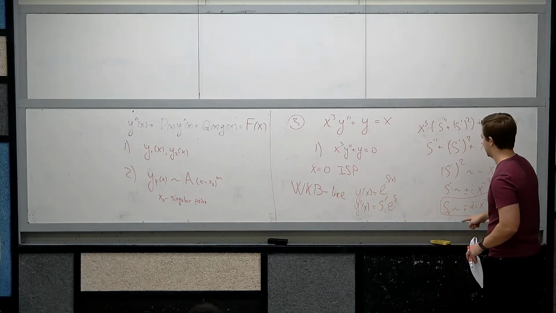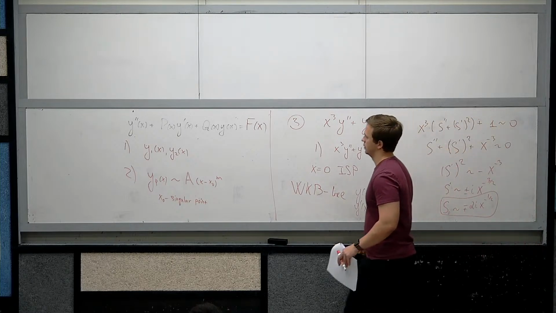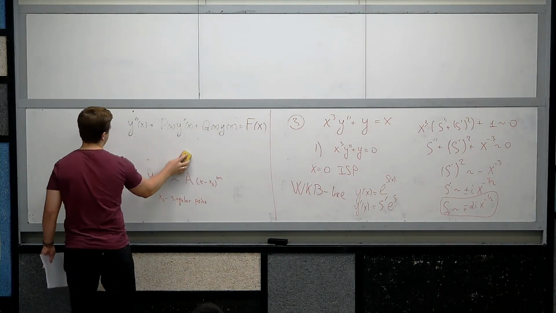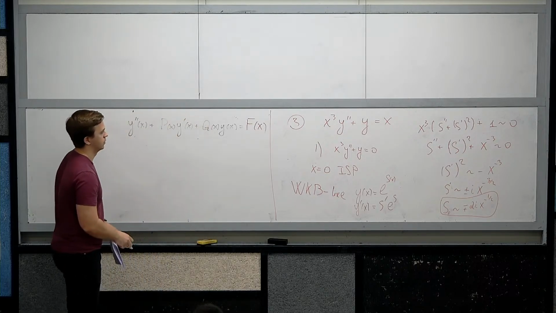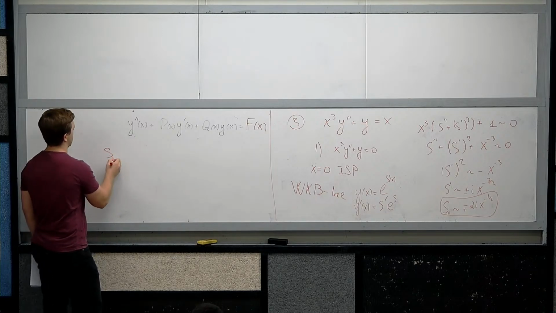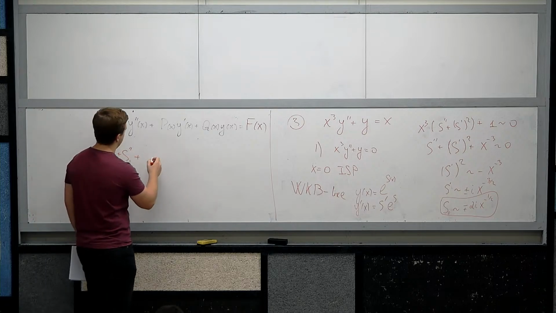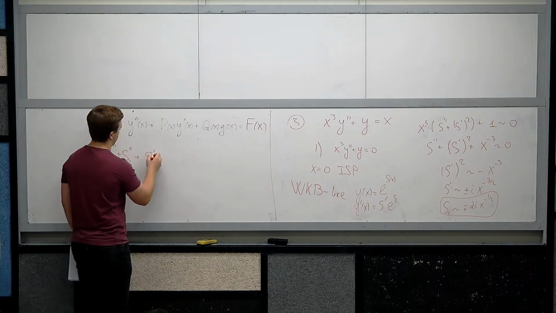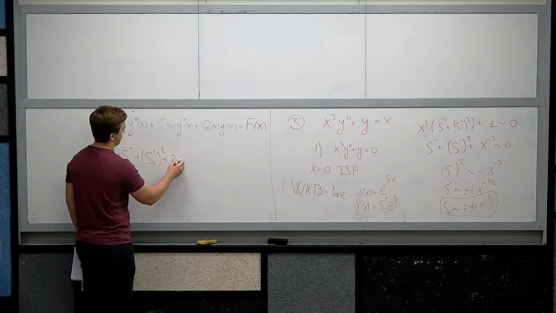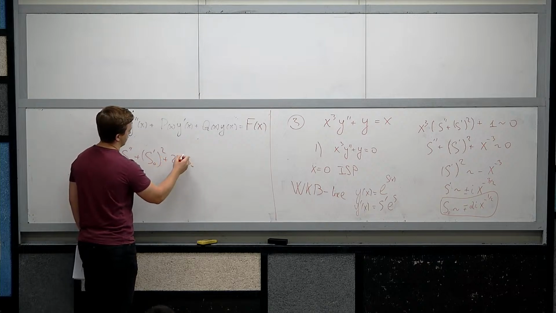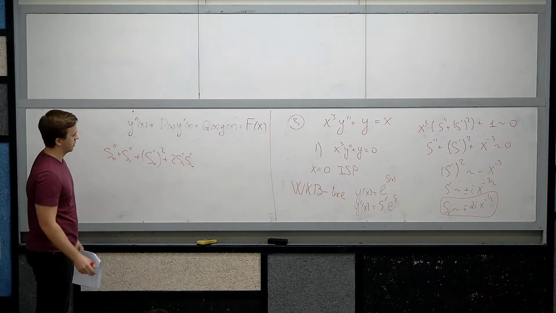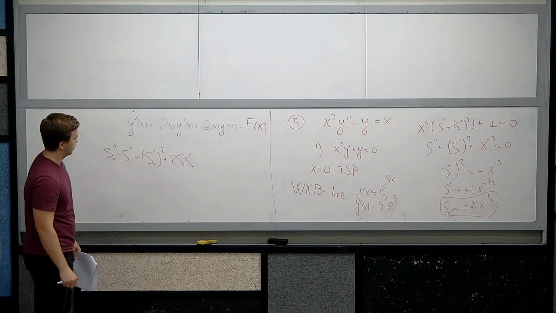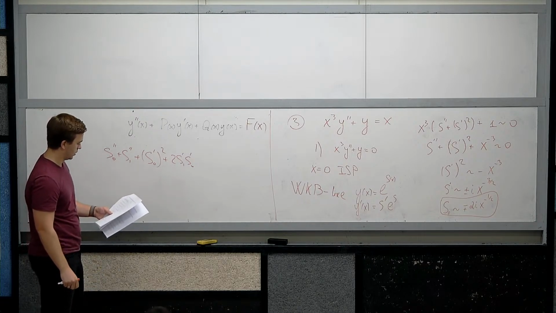So this is the S naught, and then we need to find S1, which is the next correction. Right? So we will get S naught double prime plus S1 double prime plus S naught prime squared plus 2 S1 prime S naught prime, and then plus S1 prime squared, but it's much smaller, we can neglect it.